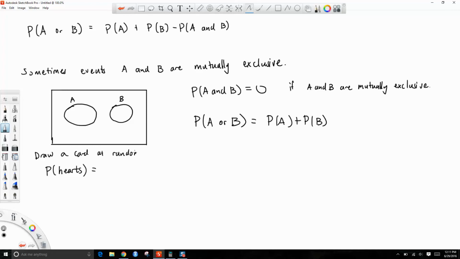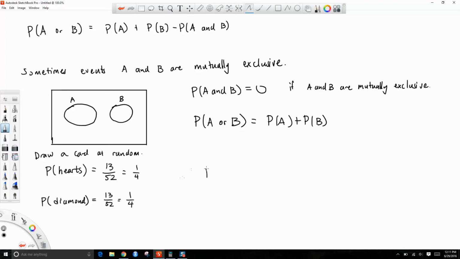Are we familiar with the deck of cards? There's 13 cards that are hearts out of 52, so we would say 1 out of 4. And what's the probability of drawing a diamond? Same, 13 out of 52, 1 out of 4.